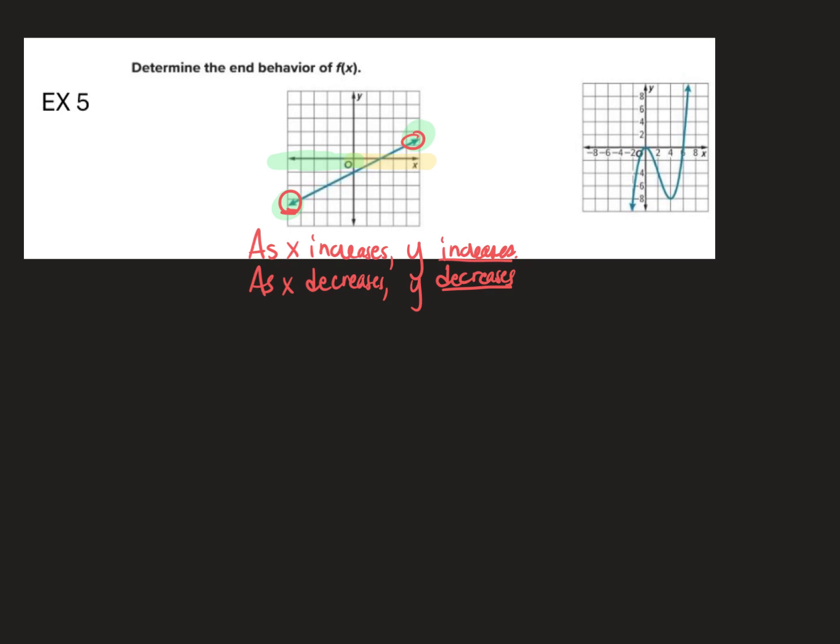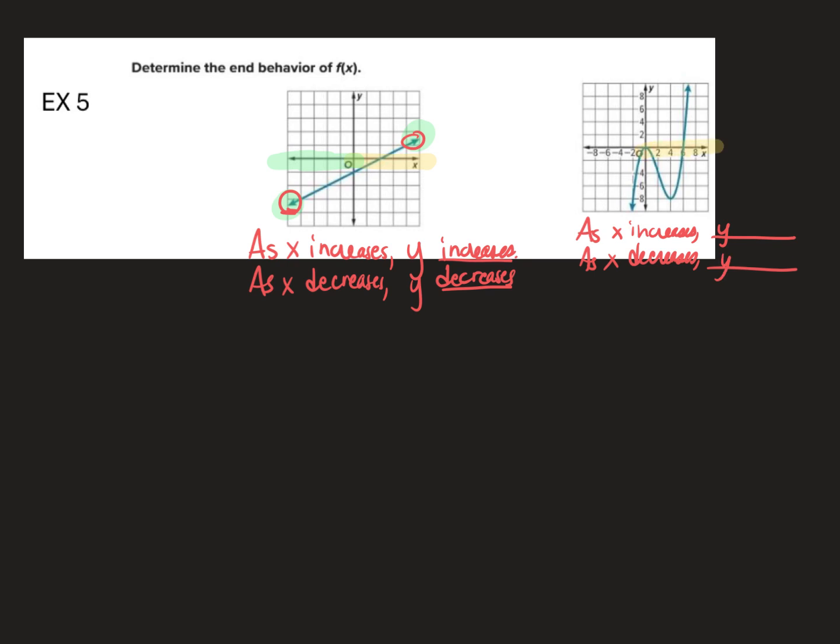And let's write what we need for the next question. As x increases, we have to figure out what y is doing. And as x decreases, we have to figure out what y is doing. Okay, so let's look at the graph.